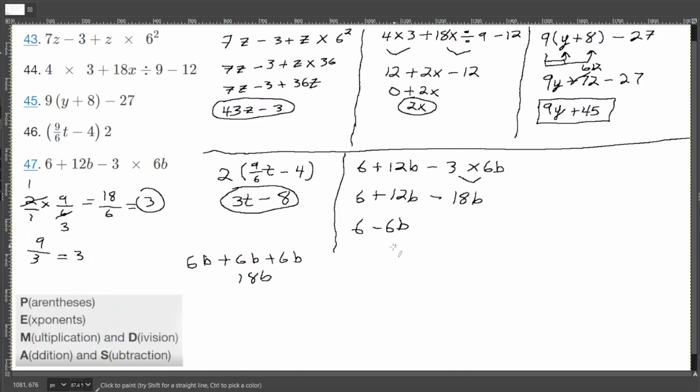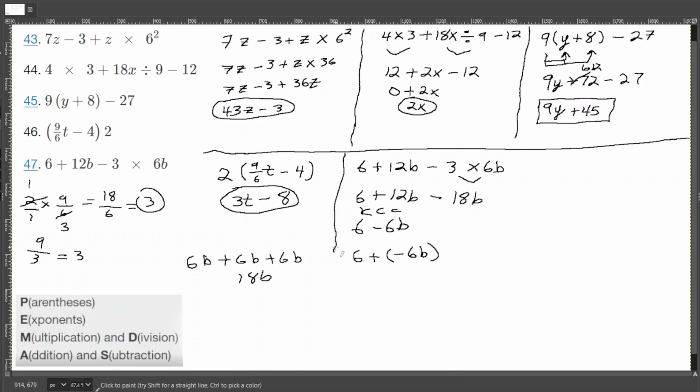6b. Now, what a lot of teachers will end up doing is they will probably rewrite this as negative 6b plus 6. They tend to always want the variable in front, and now we'll kind of see why. So if you guys have watched the integer videos that I have in the pre-algebra section, there's this keep change idea. So what I did was I turned it into addition, and you might ask why?